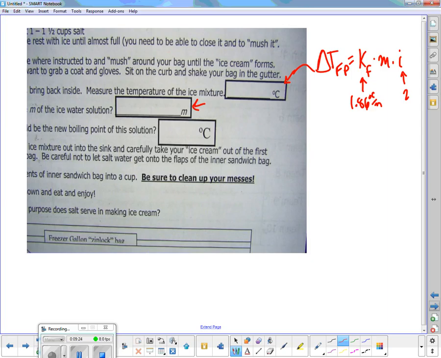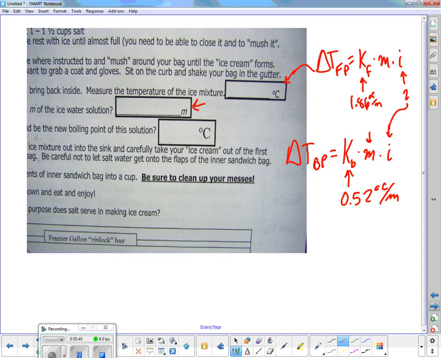So once you solve for M, it goes here. Then you're going to put it into another equation, which is delta T boiling point is equal to Kb times molality times I. This time you'll have the molality, you'll have the I, which is still 2. You'll have Kb, which for water is 0.52 degrees Celsius per molal.